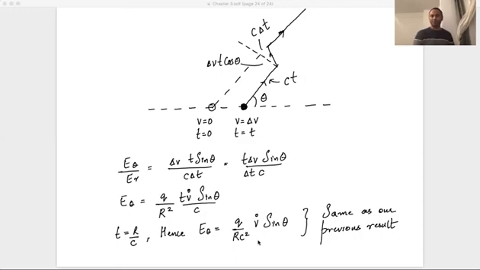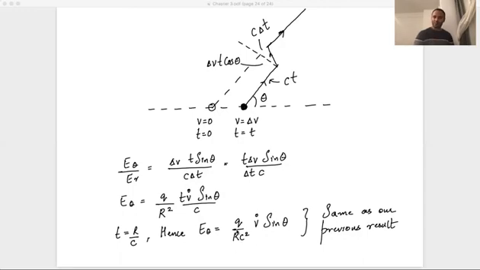It's good to know this view, so you know the intuition of why an accelerated charge radiates. An accelerated charge radiates because special relativity is true, that information cannot travel at infinite speed, and for the electric field to have continuity, you need to have a tangential component of the field that goes out at the speed of light, and that tangential component happens to go down as 1 over r.